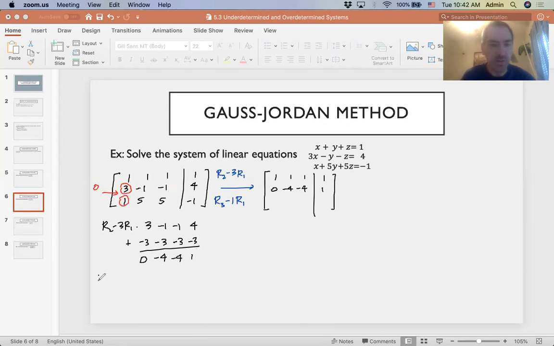And then row 3 minus row 1: 0, 4, 4, and negative 2.